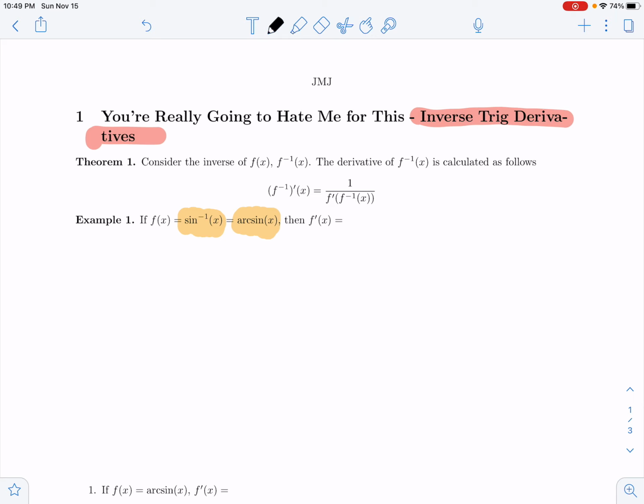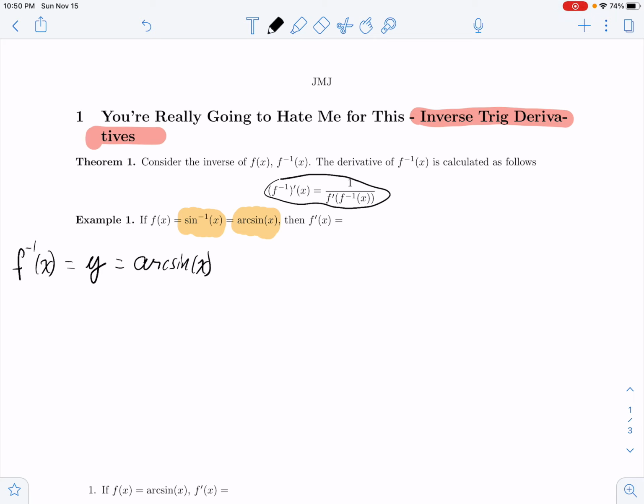So here's how we're going to do it. We're actually going to rephrase it in terms of this rule. Let's see what happens. So let's write f inverse of x, and we'll call it y, is equal to arc sine of x. And this is just going to be helpful in a second to do a little algebraic manipulation.